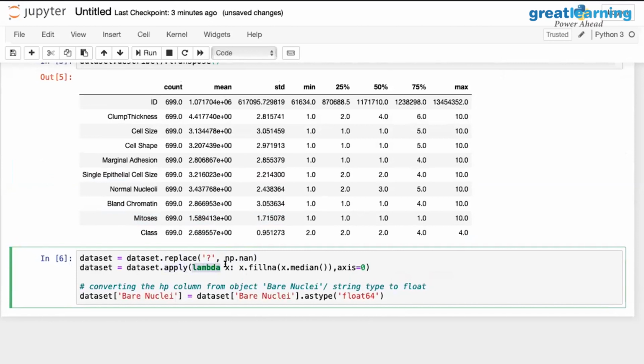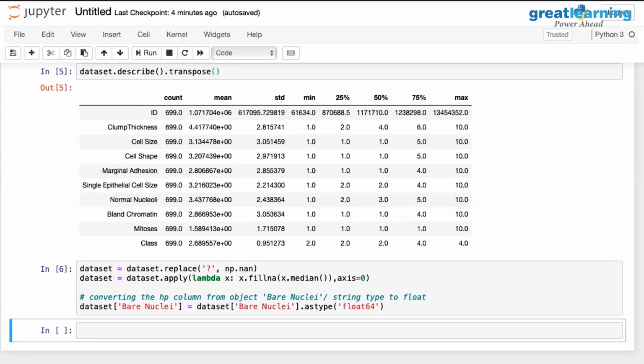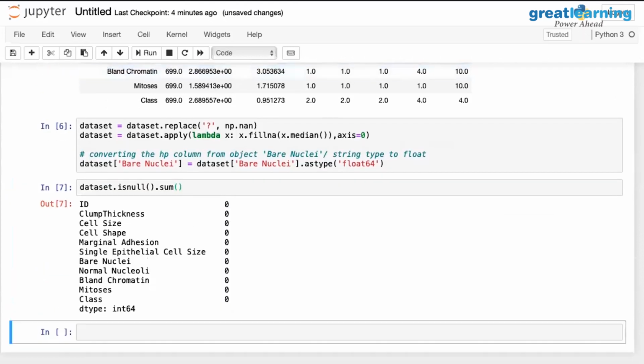Lambda is basically a one-line function where I'm saying, take that row and fill that NA with the median value of that particular column, of that particular attribute, and do it at the row level. So I can use apply and lambda. Moving on, let's quickly find out the null values if at all they exist, and they don't.